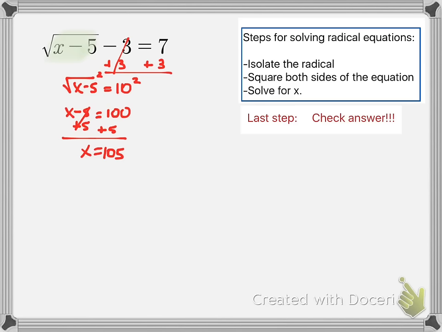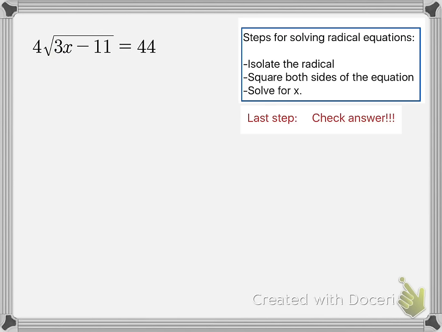Alright, so you've got an answer. It's extremely important to check it. Instead of having that x there, you're going to want to replace it with 105. And you can type this straight into the calculator. What you would get is 7, and we should have equaled 7 since that's what it said. Okay, and that's how you check. You just plug that straight in the calculator.